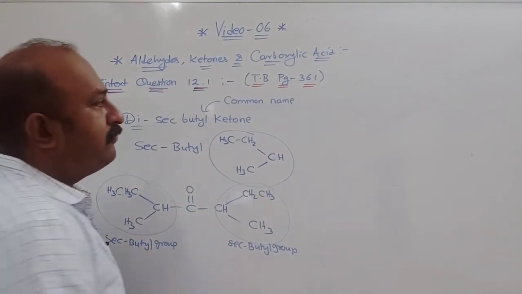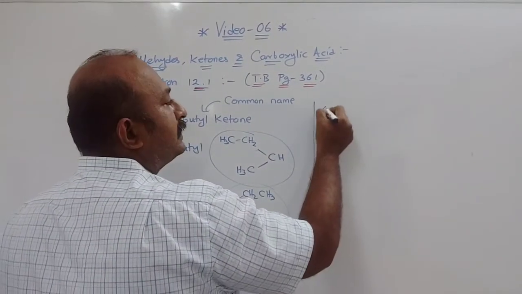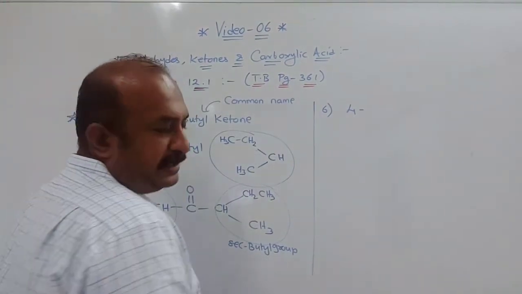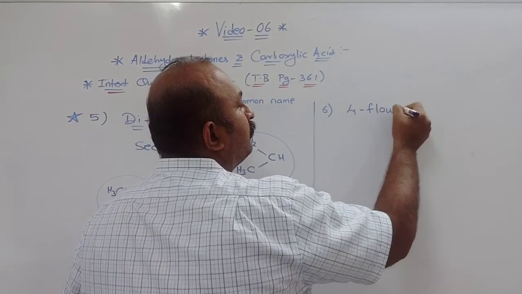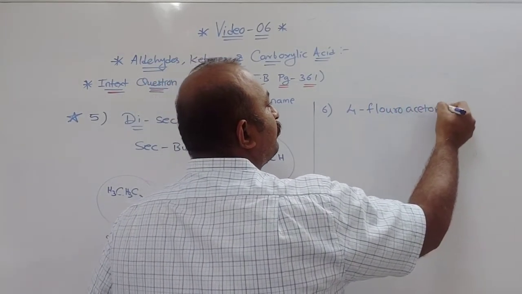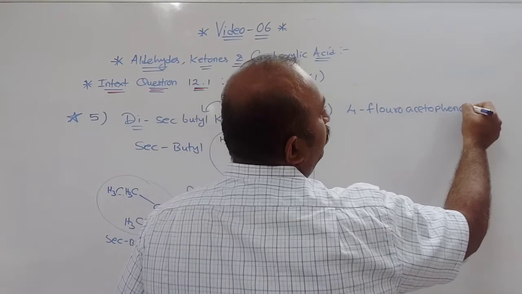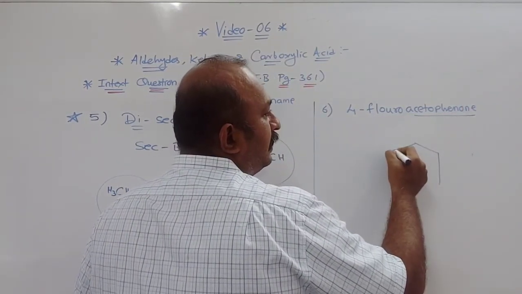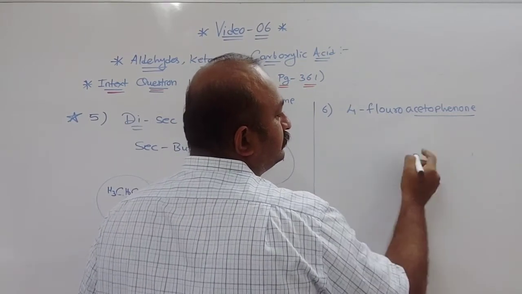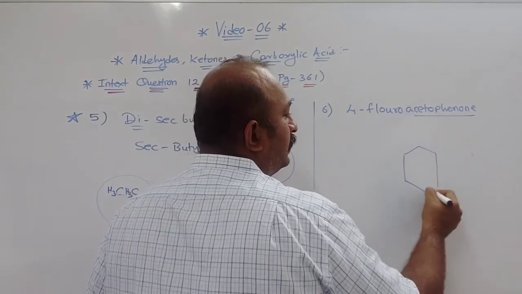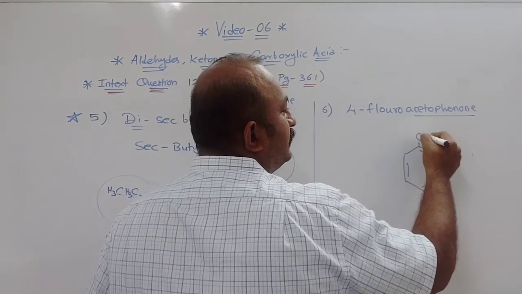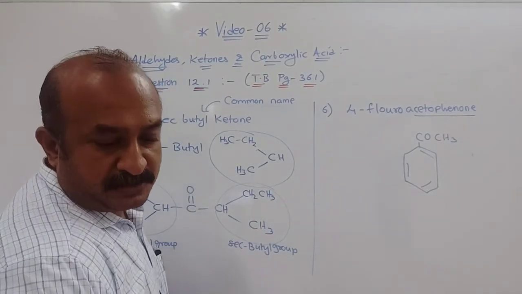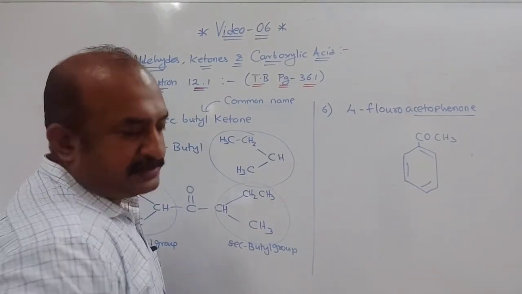Now the last one, that is the sixth question I think, 4-fluoroacetophenol. When we say acetophenol, it means on a benzene ring, the COCH3 group is acetophenol. This is the acetophenol structure. Now in that they have written 4-fluoroacetophenol.